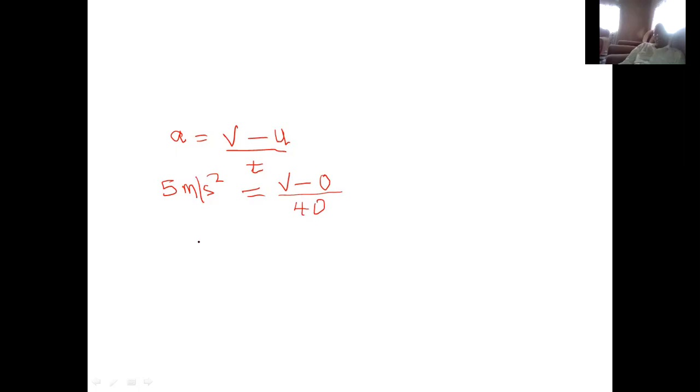So we can merely make V the subject of the formula.